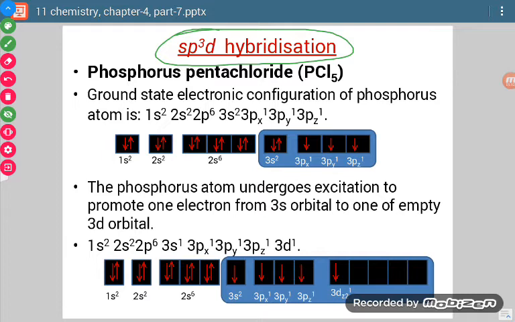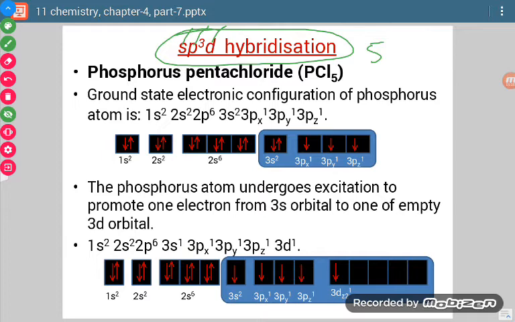We will say that in this type of hybridization, 1 s and 3 p orbitals and 1 d orbital undergo intermixing, and they form 5 sp3d hybridized orbitals, and those 5 sp3d hybridized orbitals arrange themselves in the form of trigonal bipyramidal geometry.